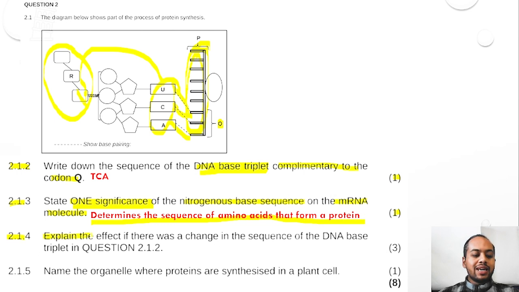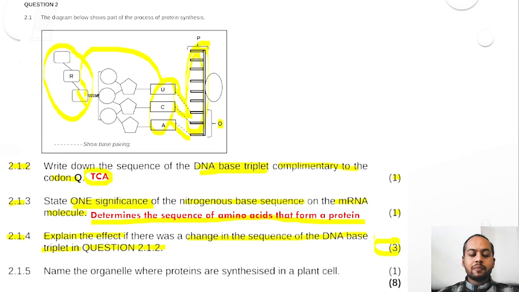So it determines the sequence of amino acids that are going to form a protein. 2.1.4, explain the effect if there was a change in the sequence of the DNA base triplet in question 2.1.2 for 3 marks. So this TCA, if it changed to another sequence, what would possibly happen?